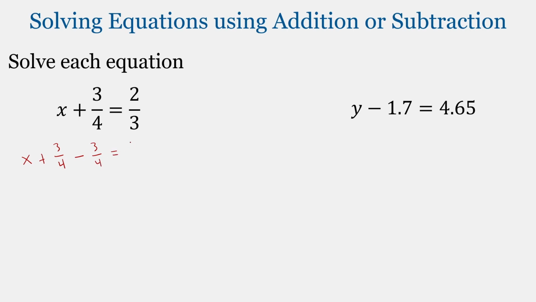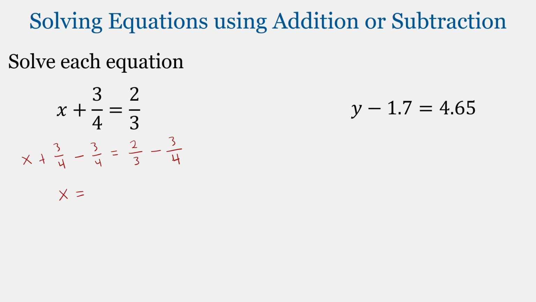And then what we do to one side, we have to do to the other to keep the equation balanced, to make sure that the right side and the left side stay equal to each other. 3/4 minus 3/4, that's 0. So we have x equal to, and now we're subtracting fractions.